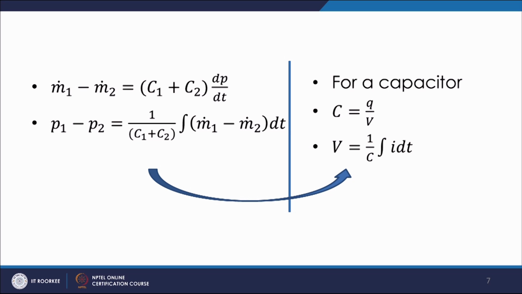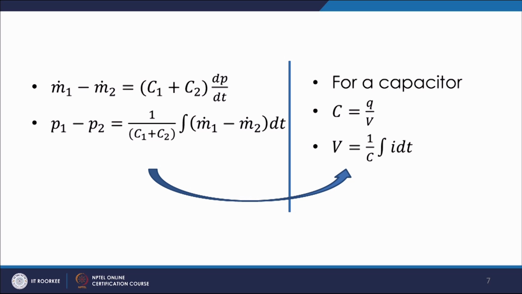Now, if I recall, for a capacitor we had C equal to Q by V, where Q is charge and V is the voltage across the plates, and Q I can write in terms of current, that is the integral of I dt. If I compare this expression with this one, you can see that the term associated with the capacitance in the capacitor is this term, that is 1 by C1 plus C2.